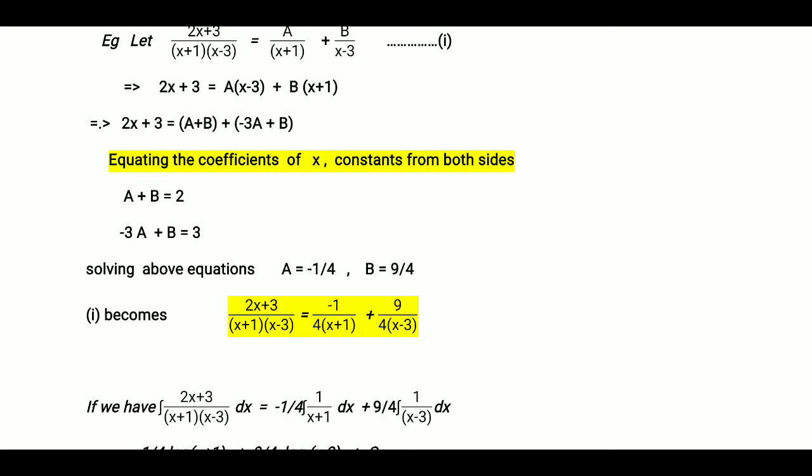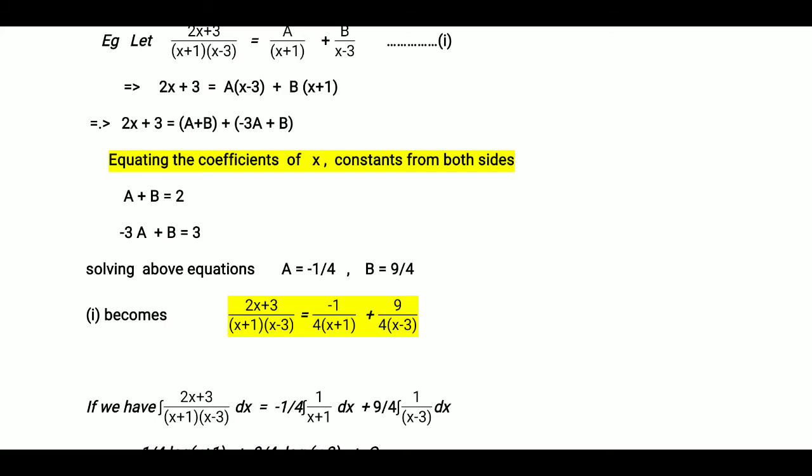Thus 2x + 3 is equal to, you take x common, so it will be (A + B)x plus (−3A + B).